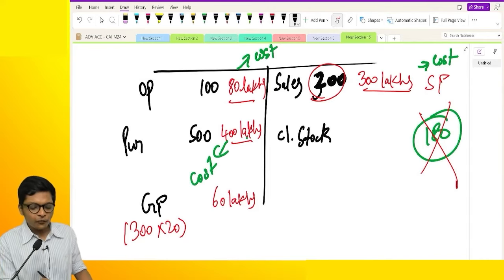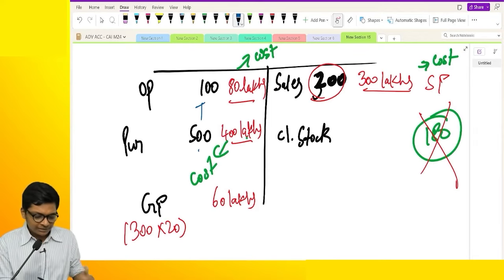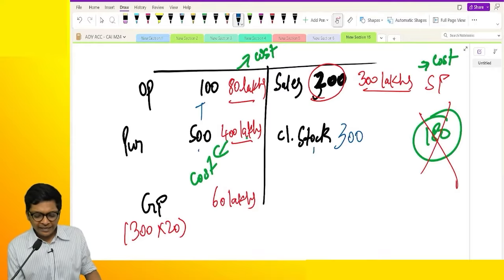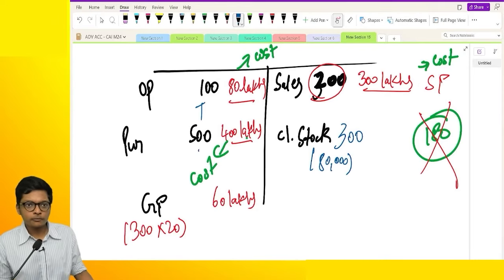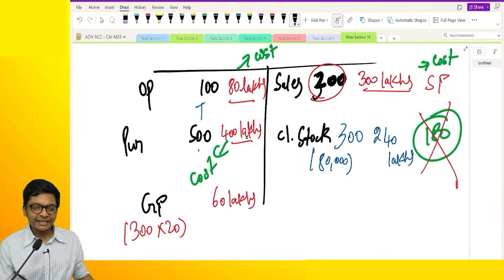Closing stock, how many phones are left? 100 plus 500, 600 minus 300. 300 phones are left. Each phone is valued at 80,000. Correct? So how much are you getting as closing stock? 240 lakhs.